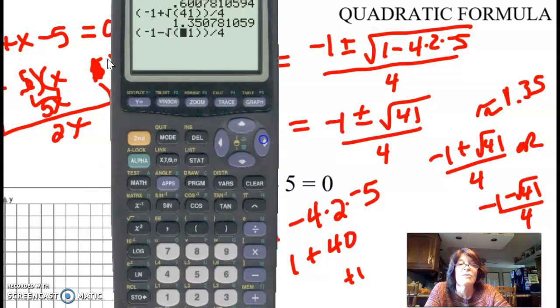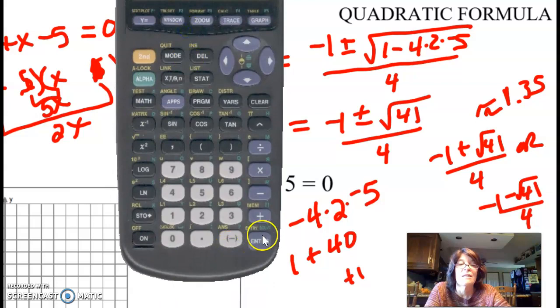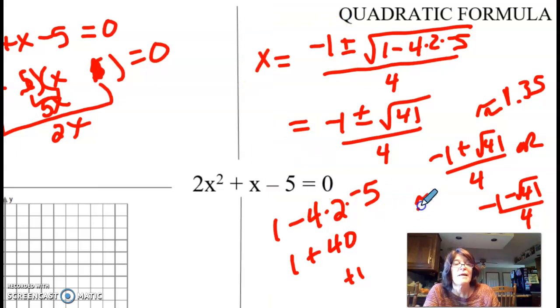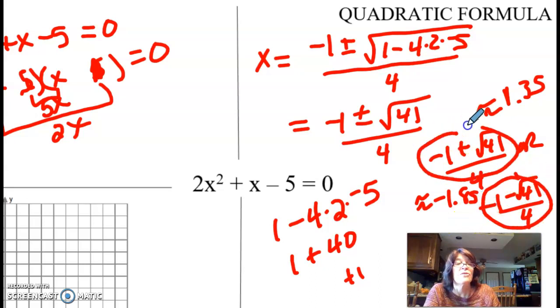Negative 1 minus the square root of 41 over 4, and that answer is about negative 1.85. So my two exact answers are negative 1 plus square root of 41 over 4, and negative 1 minus square root of 41 over 4. My approximate answers are about 1.35 and negative 1.85.